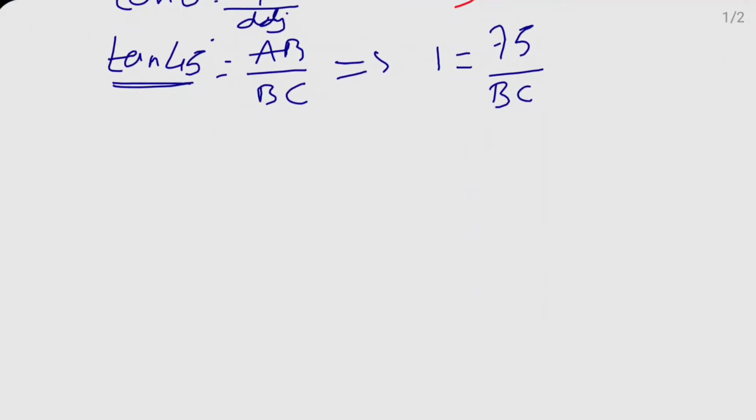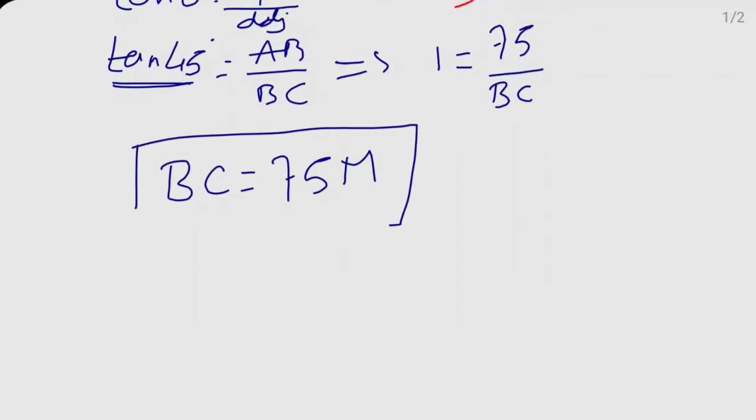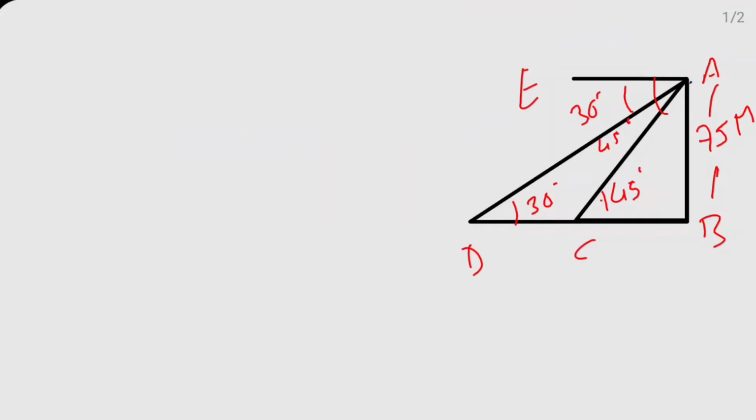And now here BC equal to 75 meter. Is it clear? So now I will consider triangle ABD.